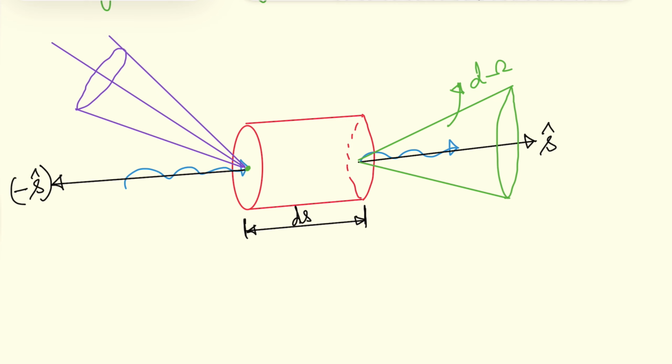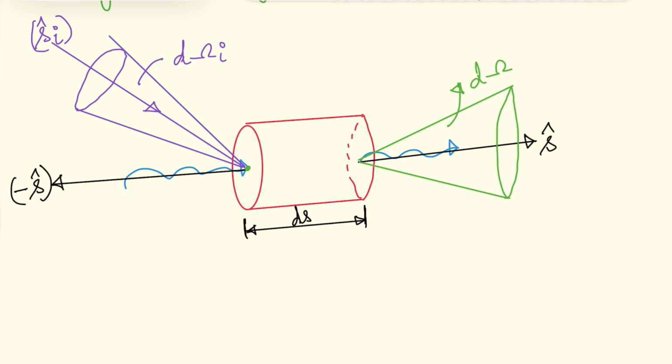So this is d omega_i, the solid angle for the incoming radiation ray at the entry point of the control volume, and this direction is S_i cap.